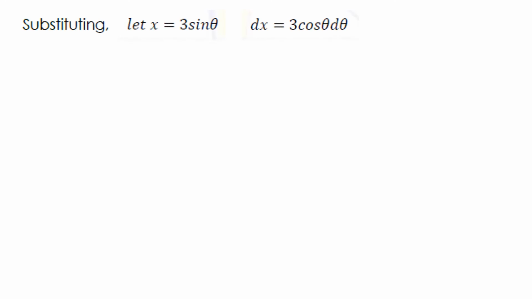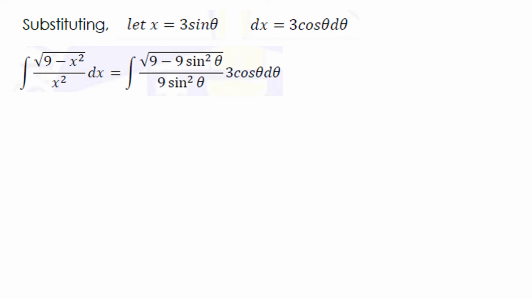Substituting x equals 3 sine theta and dx equals 3 cosine theta d theta in our integral, it will give us the integral of the square root of 9 minus 9 sine squared theta all over 9 sine squared theta multiplied to 3 cosine theta d theta.